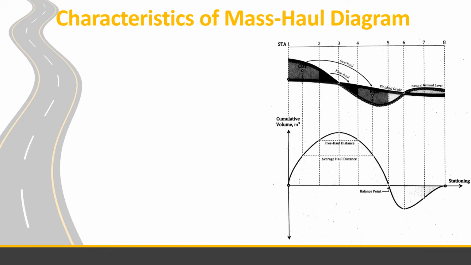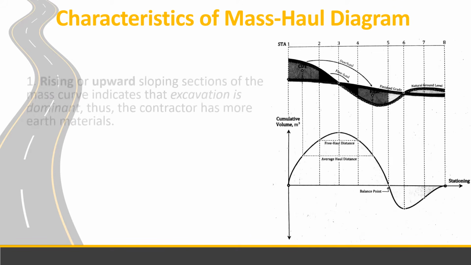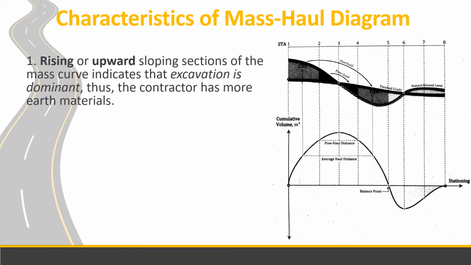So what are the characteristics of a mass haul diagram? First, rising or upward sloping sections of the mass curve indicate that excavation is dominant, thus the contractor has more earth material. So in this part, this section is yung excavation. For example, ito yung magiging grade nung daan.